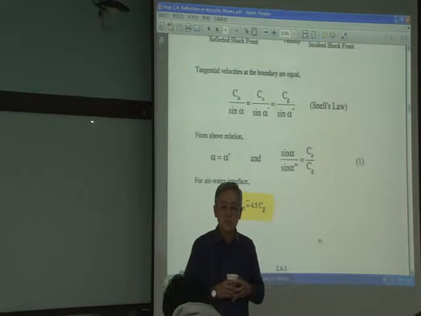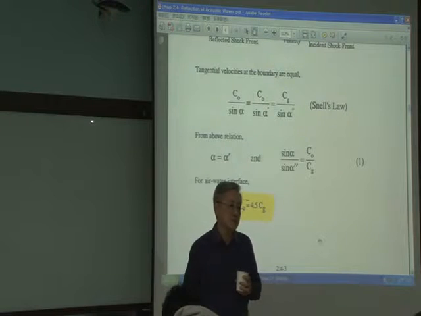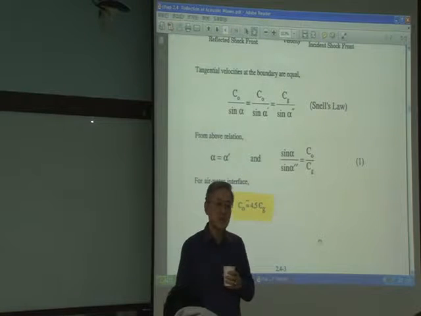So I want you to pay really close attention. When you solve any surface ship problem, this phenomena always comes into the picture.